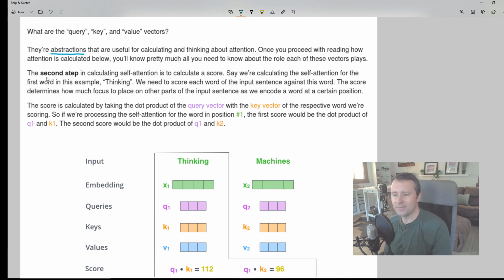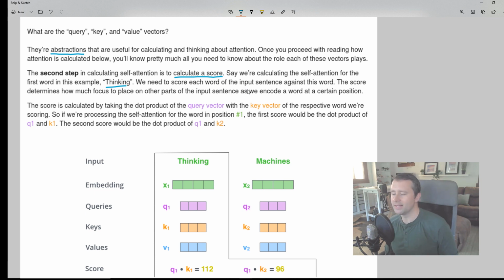The second step, after producing the query, key, and value vectors in calculating self-attention, is to calculate a score. Say we're calculating the self-attention for the first word in this example, thinking. That means this is our input word, thinking. We need to score each word of the input sentence against this word.